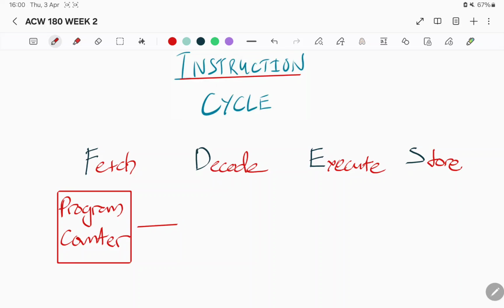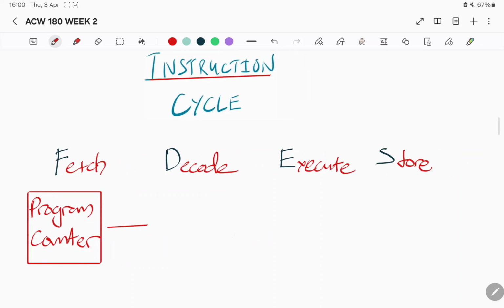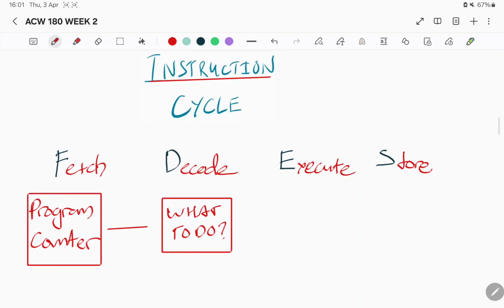Then after they fetch, they will start to decode. Over here, basically they determine what to do. They decode the instructions, or whatever input you put in.